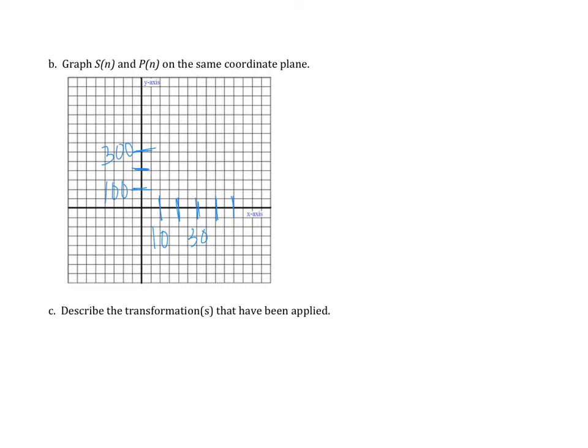Actually, I want you to plot P of n. I'm sorry. So P of n looked like this, approximately. And S of n, if you graph that, is doubling these numbers.